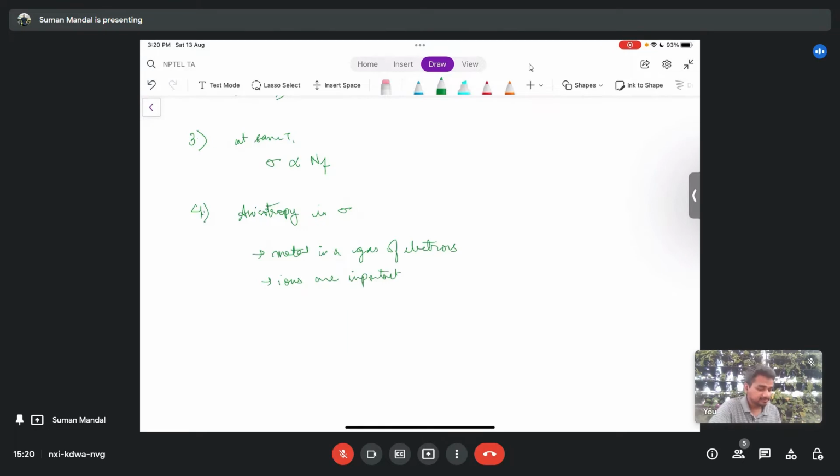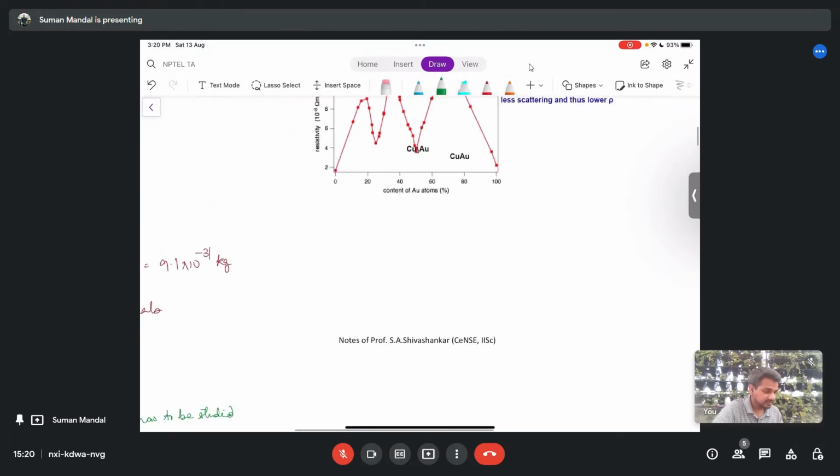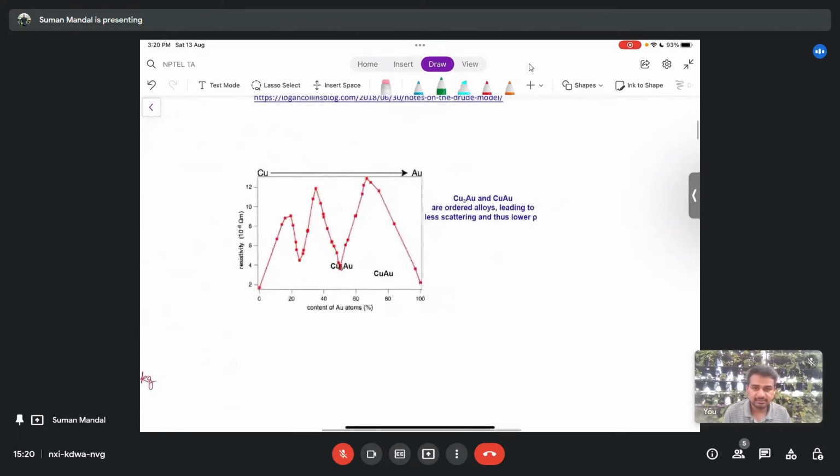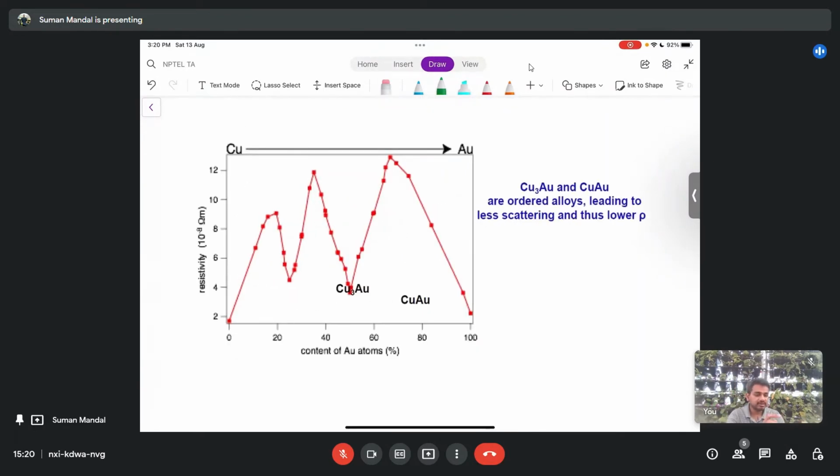And finally, in the case of alloys, something very interesting happens. We have considered an alloy here, copper and gold, from 100% copper on the left to 100% gold on the right.